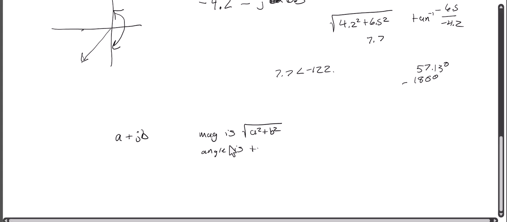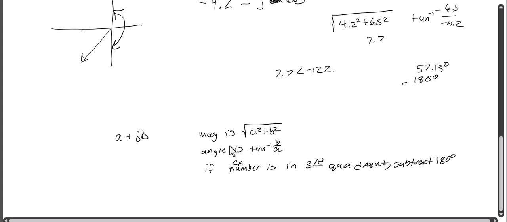Angle is inverse tangent of B over A. If the complex number is in the third quadrant, subtract 180 degrees from the calculator answer.